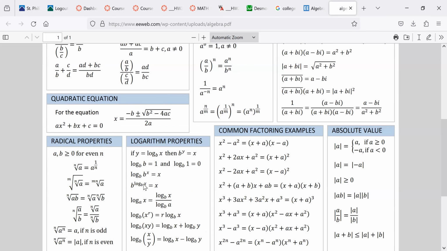I believe that's right here. Log base b of b is 1. If you plug in 1 to any logarithm, though, it's going to be 0. And here's another one. If it matches, you're left with just the exponent x. Vice versa, if you put the log in the power, they'll also cancel, leaving you with the argument x.